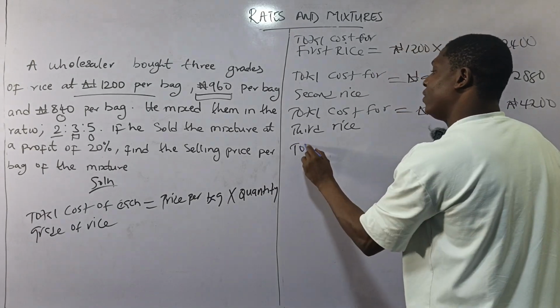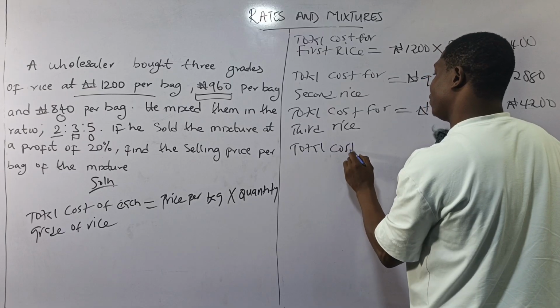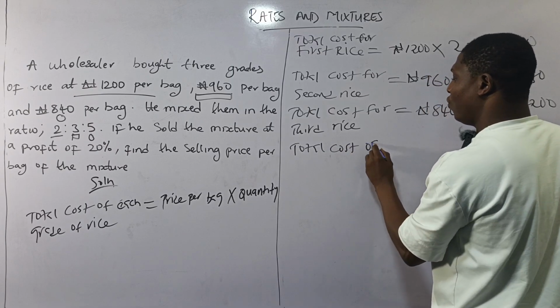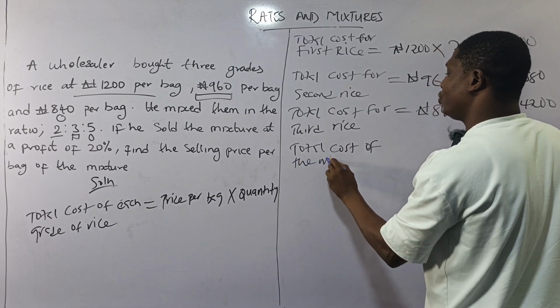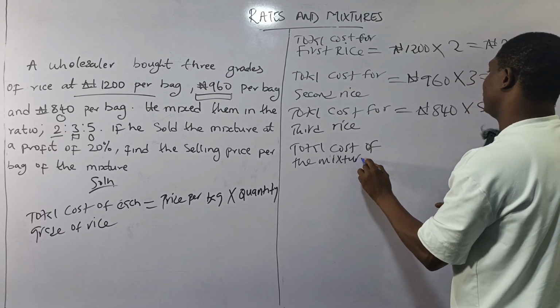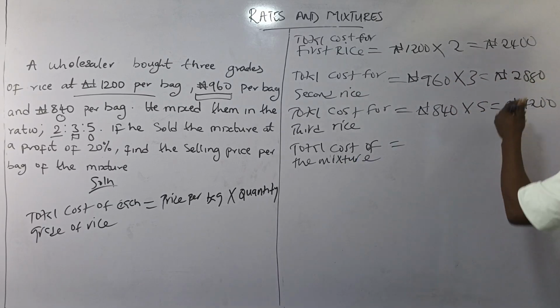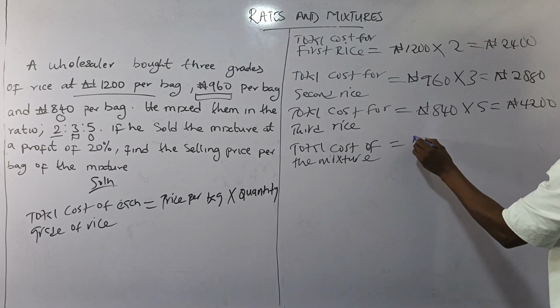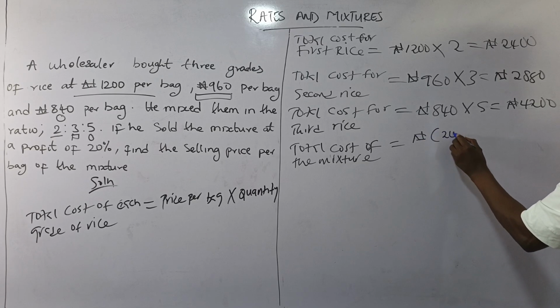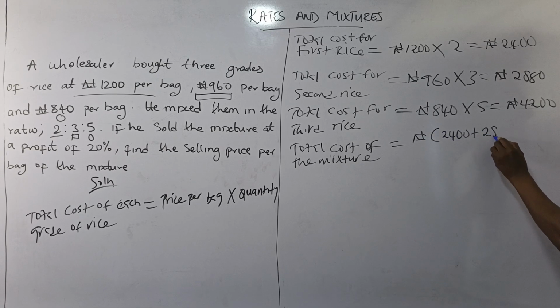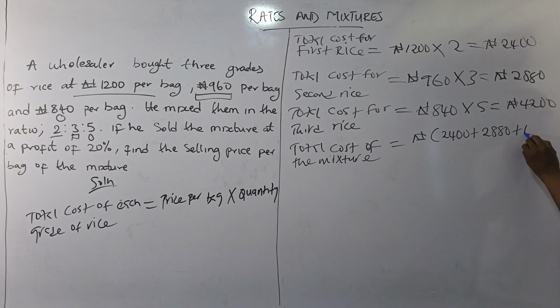Now, we therefore get the total cost of the mixture. The total cost of the mixture is the sum of these, which in naira is 2,400 plus 2,880 plus 4,200.